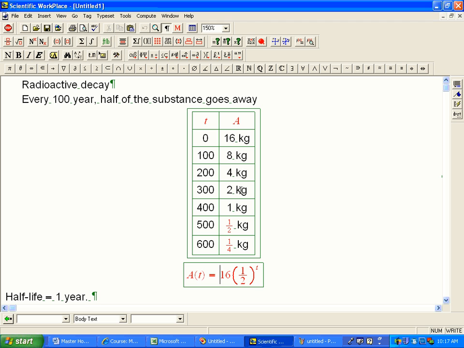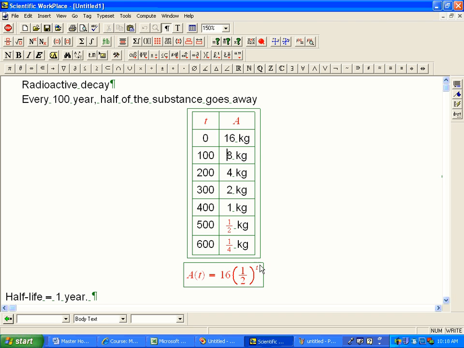So now how's this function going to change? It still starts with 16, and it's still multiplying by 1/2 each time, but I've got to change the t here, because that was what happens if it did it every year. Now I want the exponent to be 1 when t is 100, because an exponent of 1 is going to give me 16 times 1/2.